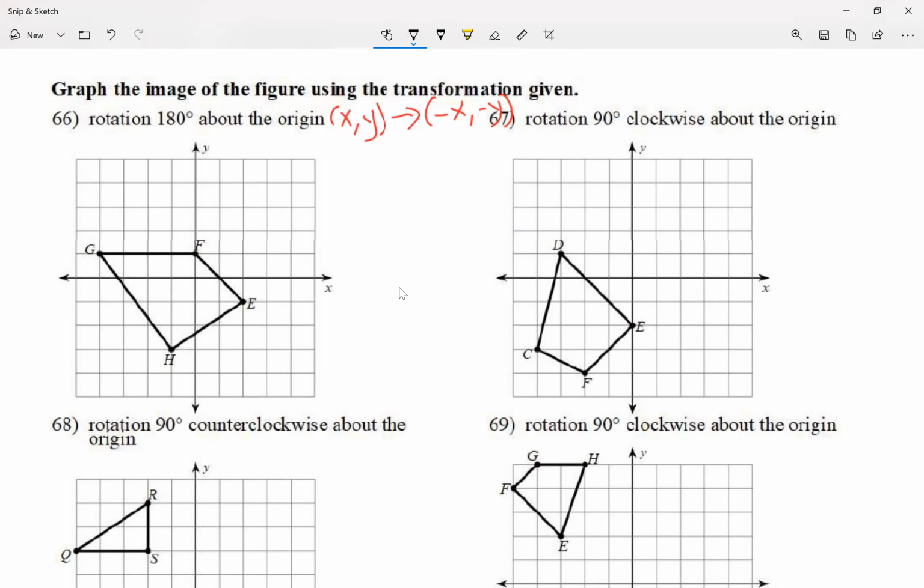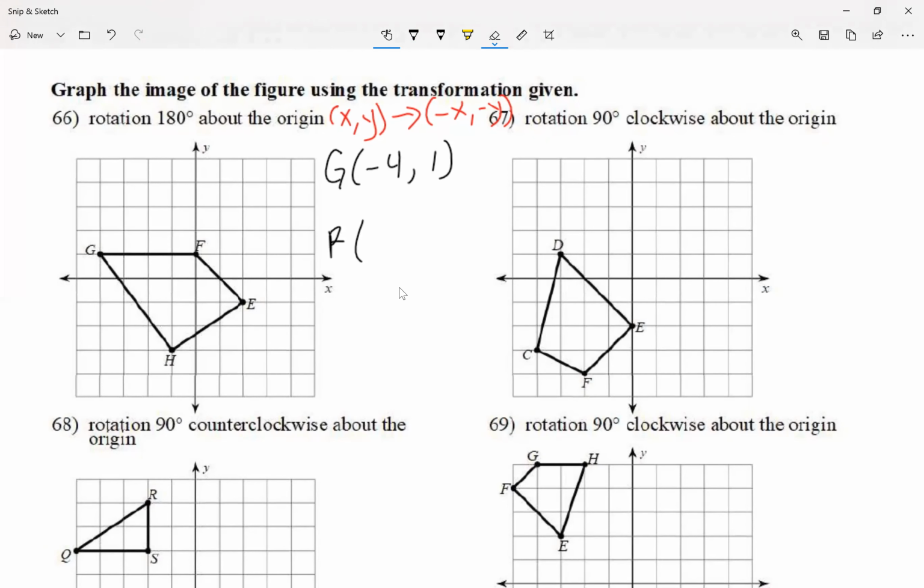For right now, let me just get the coordinates of the points that I have. So I'm going to get the coordinates of G. I look at my point G, and the coordinates are (-4, 1). The coordinates of F, like I said, I'm getting the points that I have right now.